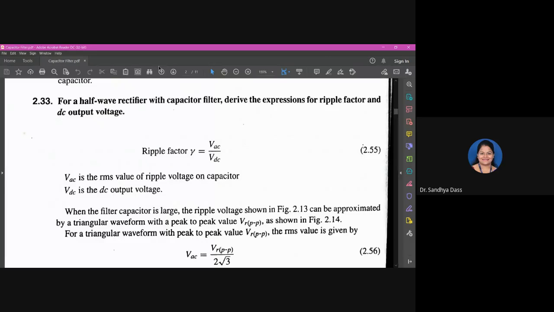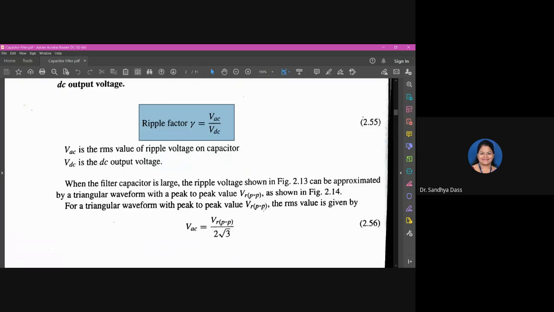Be with me as I go on explaining. We know that the ripple factor gamma is given by the ratio of VAC by VDC, where VAC is the RMS value of the ripple voltage on the capacitor, and VDC is the DC output voltage.